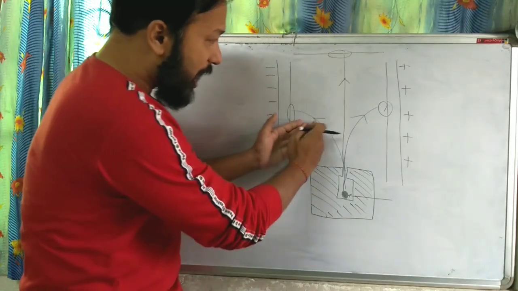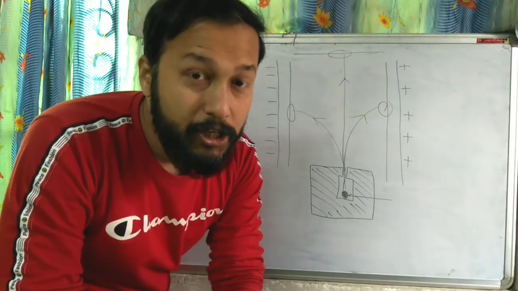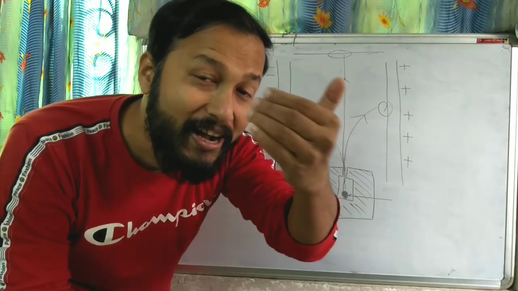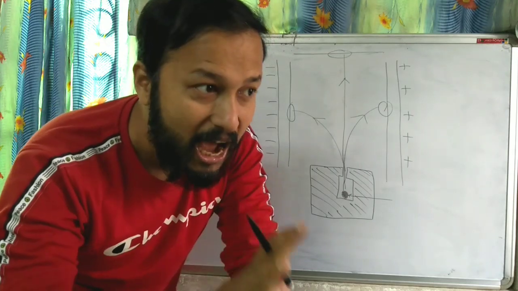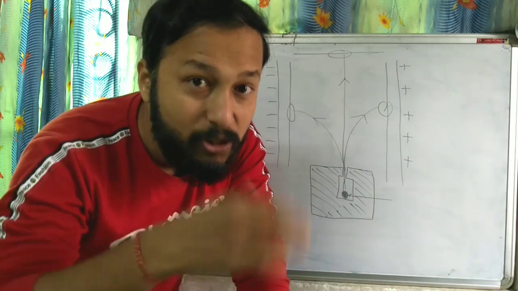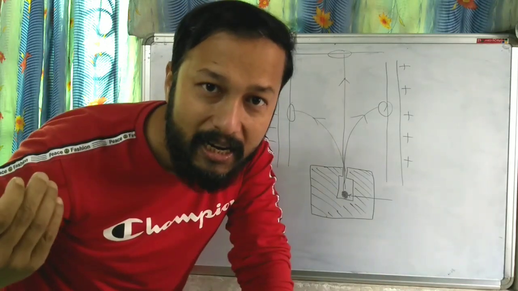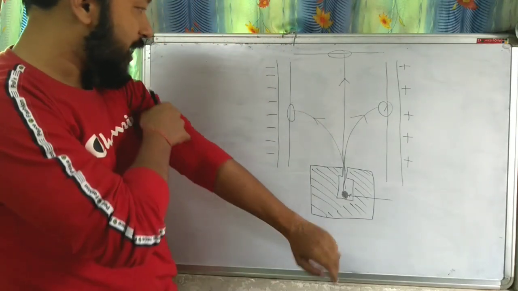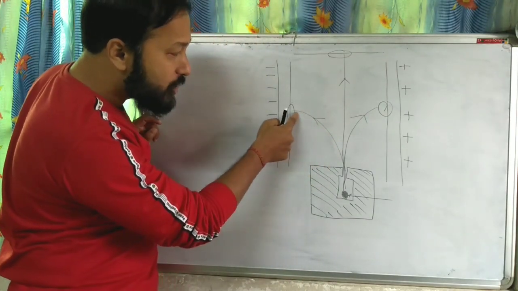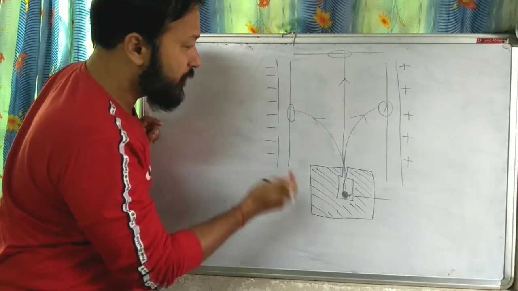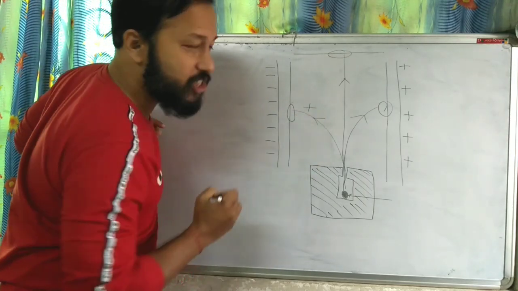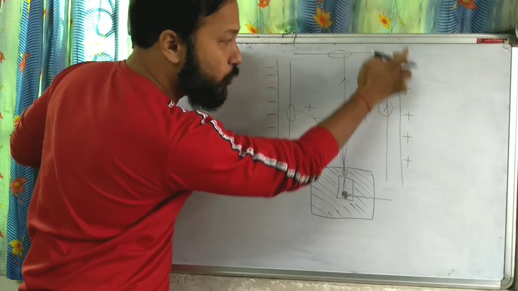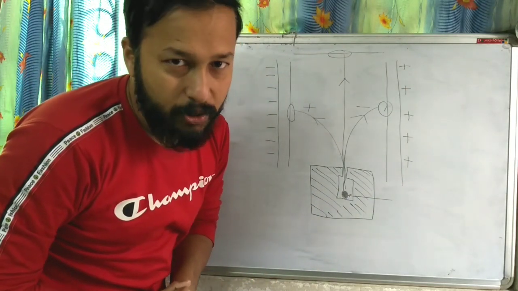Being affected by the electric field means these rays are themselves electrically positive or negative. That's why they are attracted by the positively or negatively charged plates. So the ray going toward the negatively charged plate is a positively charged ray, and this ray is a negatively charged ray. That's why it's going to the positively charged plate.